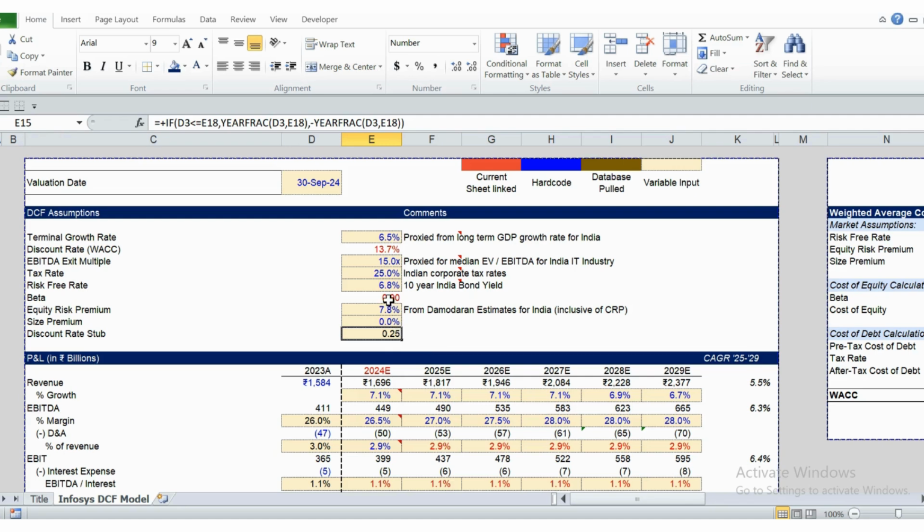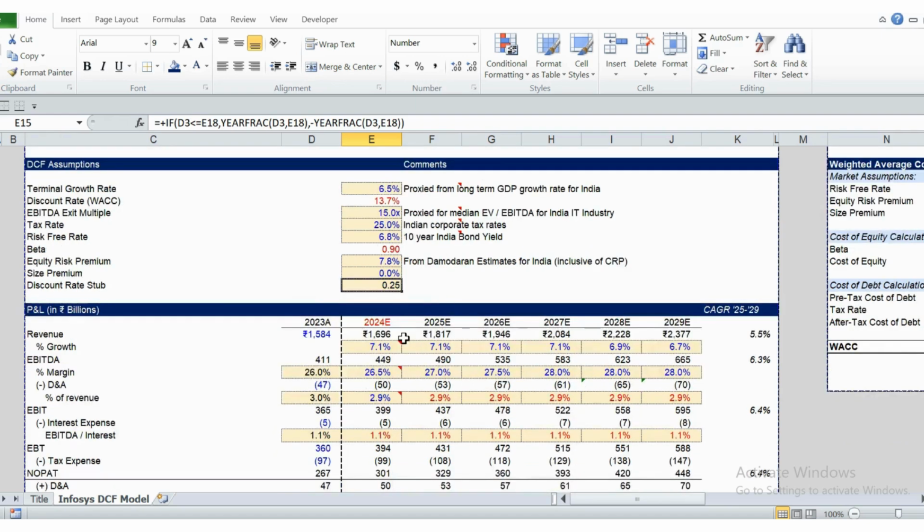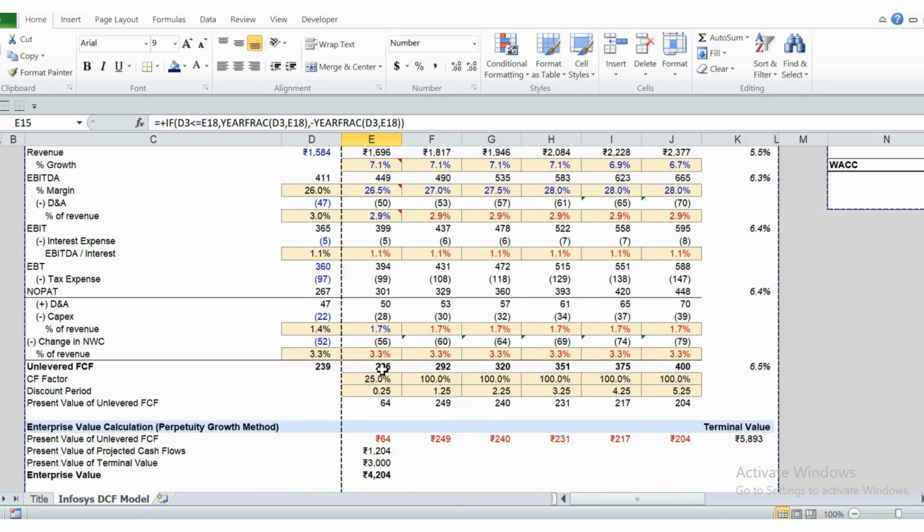I am also interested that for that 25% of the cash flow, I would be discounting it by a period which is only 3 months. So this discount stub also comes in handy, which we'll see in the P&L sheet again. Here, this is the cash flow factor which is used, that is 25%.